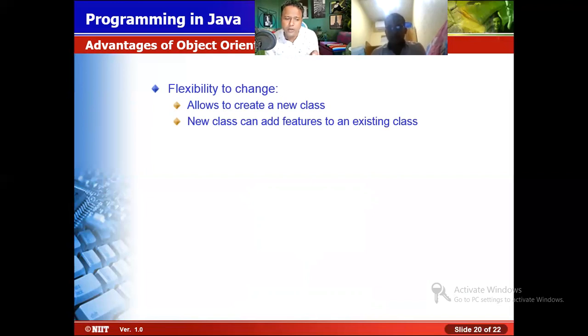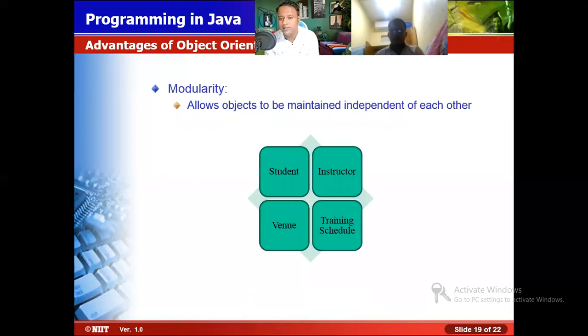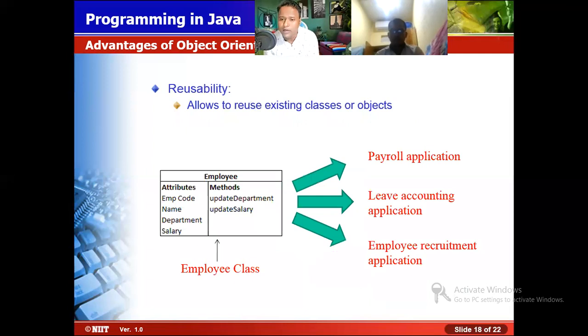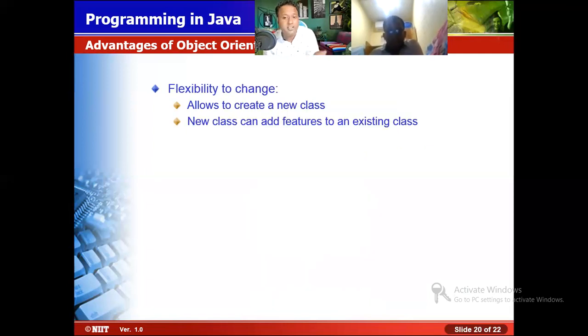Conversion of Windows 8.0 to 8.1 is called reusability. When you convert Windows 8 to Windows 10, it is flexibility to change, meaning we are promoted to a new version, 8 to 10. We are not on the same platform. We are promoted.